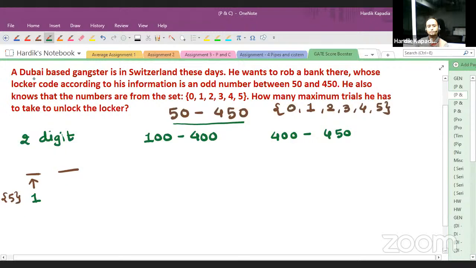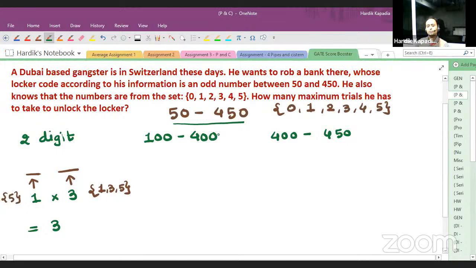Now, for this, as it is an odd number, we can use 1, 3, and 5. So it can be filled in three ways. Okay. So 1 into 3, the answer is 3 for two digits.